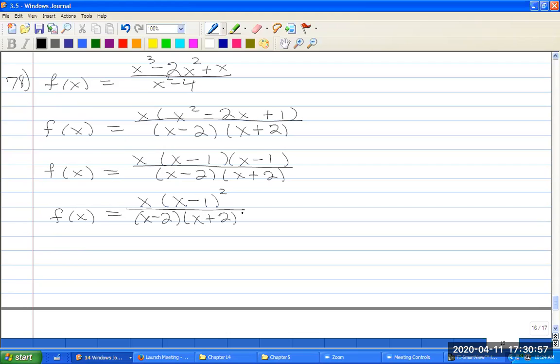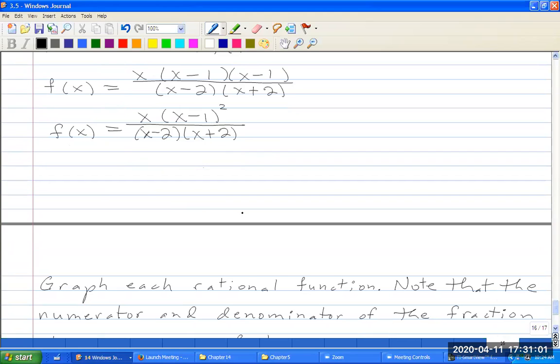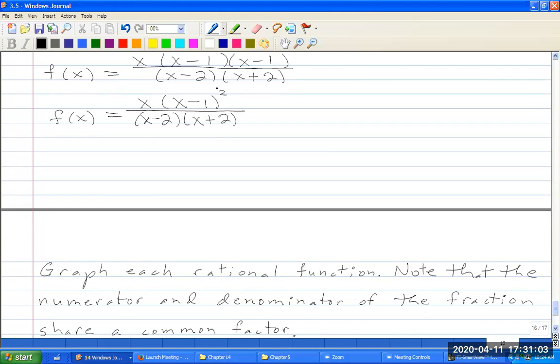Okay, good. So now we notice that I'm not able to cancel anything, so there are no holes. Now let's look for asymptotes. Let me look for the vertical asymptotes.